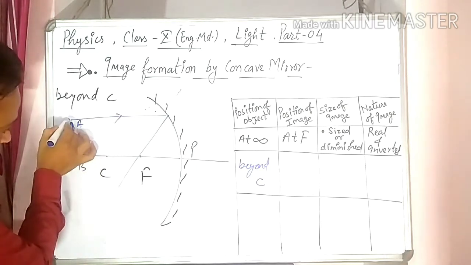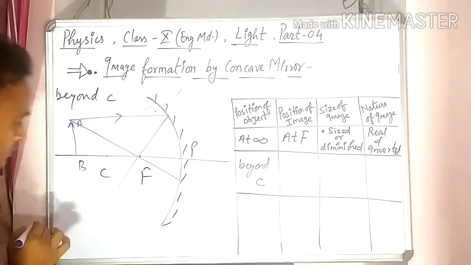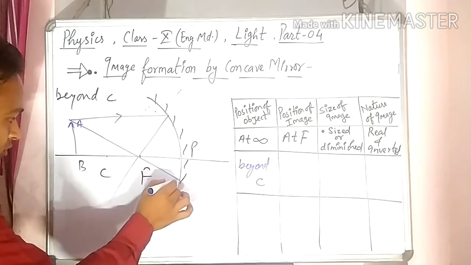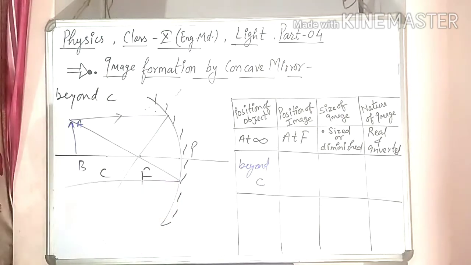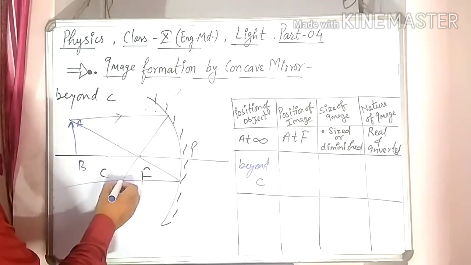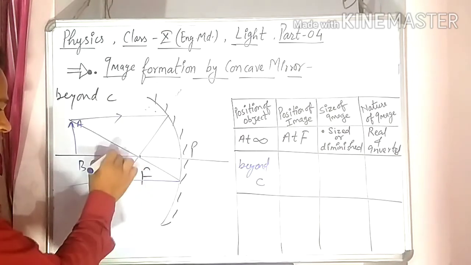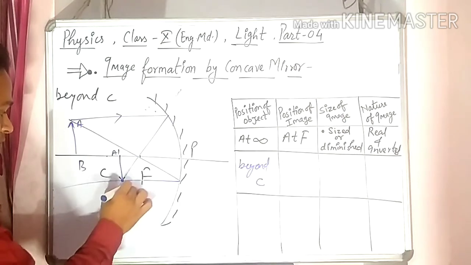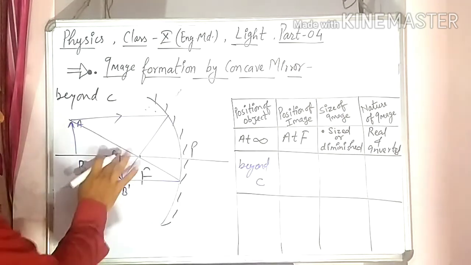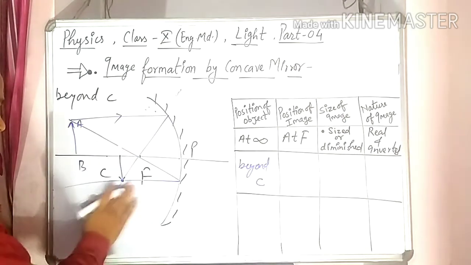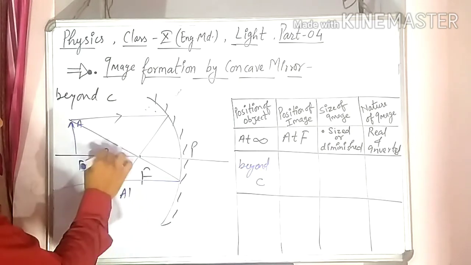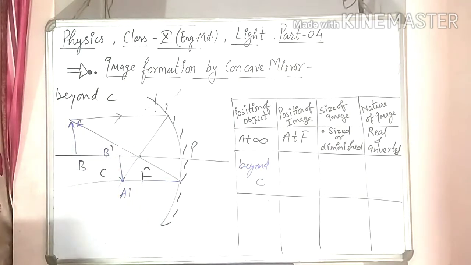Second, a ray through the focus will go parallel to the principal axis. So where is the image formed? Image is formed between C and F, A dash and B dash.